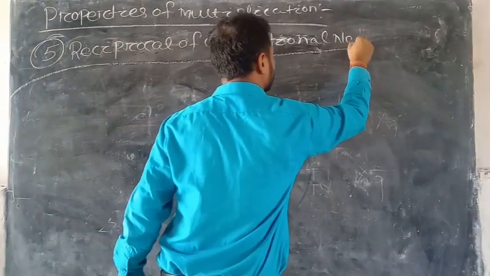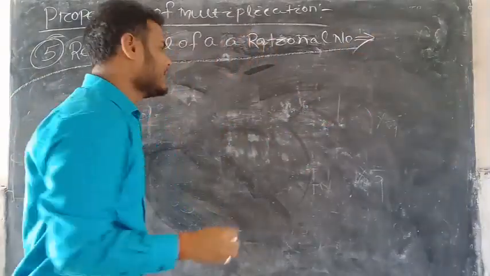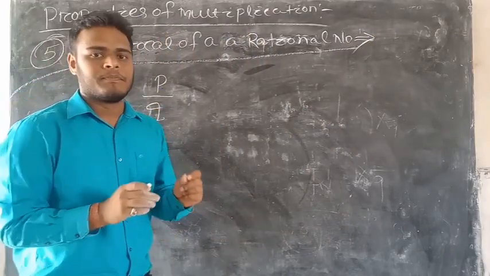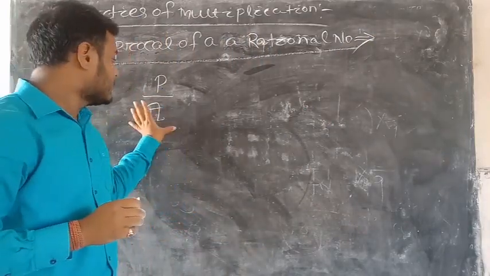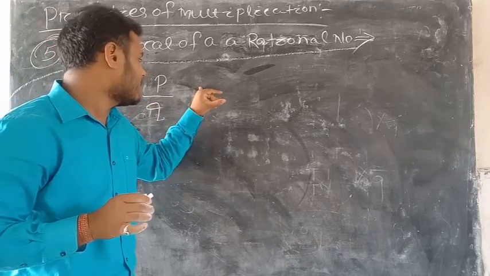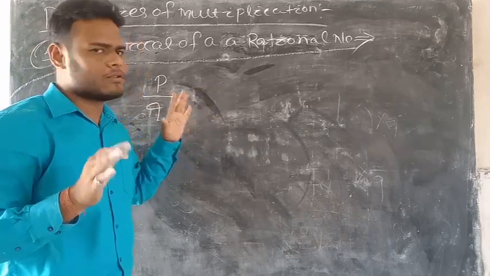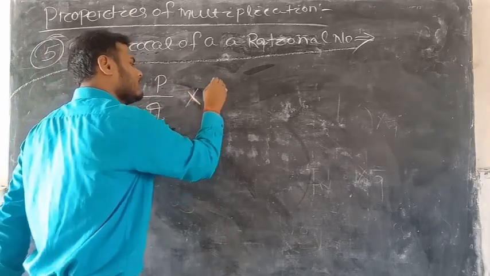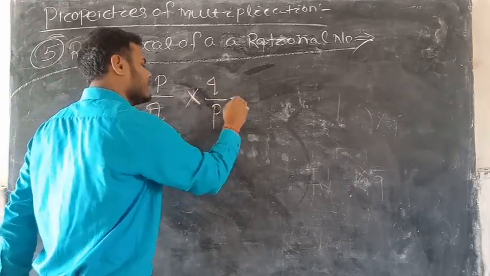Reciprocal of a rational number can be defined like this. If P by Q is a rational number, then P by Q, the original rational number, and its reciprocal, when both are multiplied, the answer will be 1. So P by Q into Q by P is equal to 1.